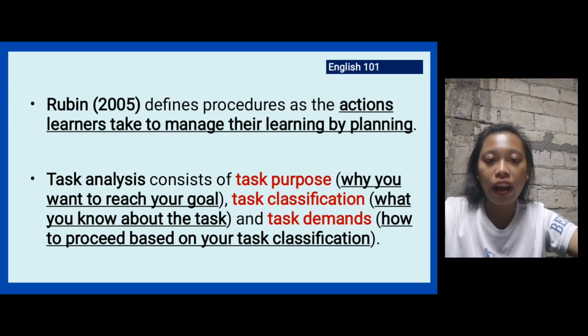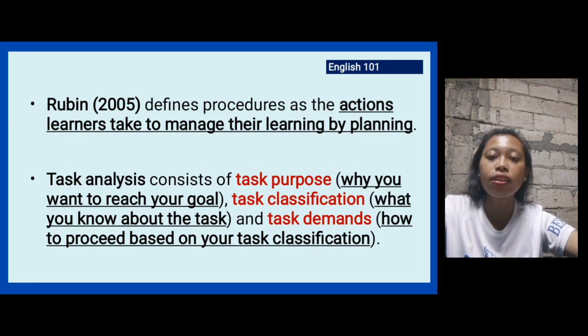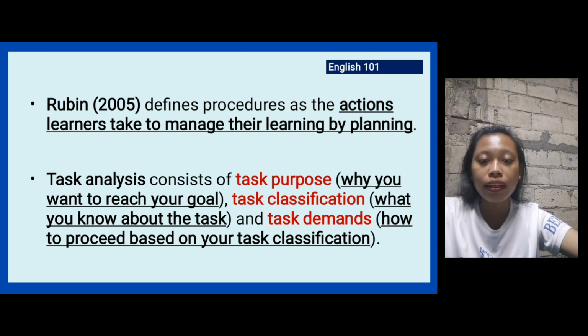Rubin 2005 defines procedures as the actions learners take to manage their learning. According to Rubin 2005, procedures are the actions students use to control and manage their learning. Planning, setting goals and making a plan to reach them.